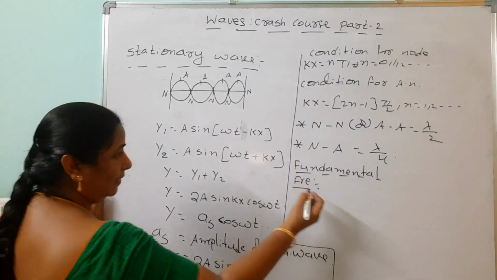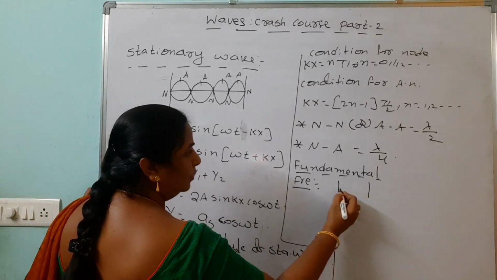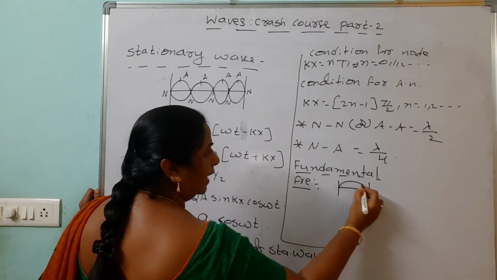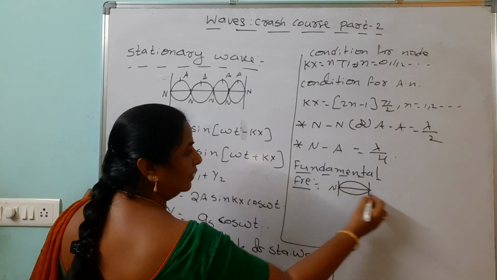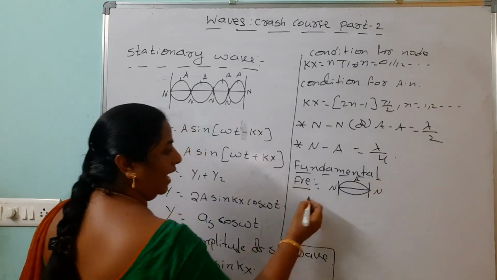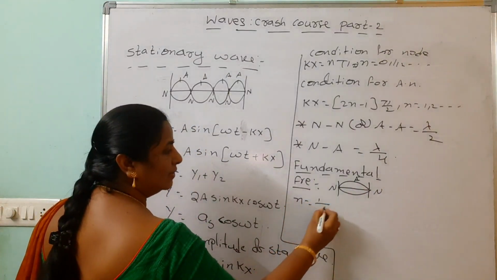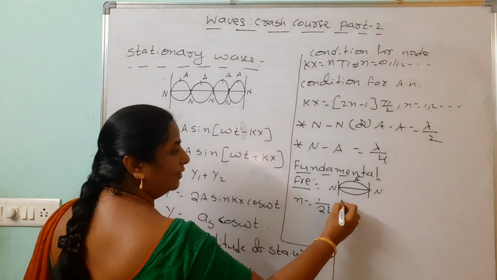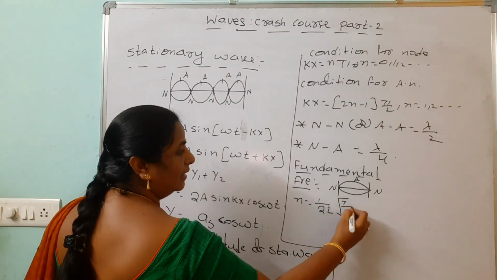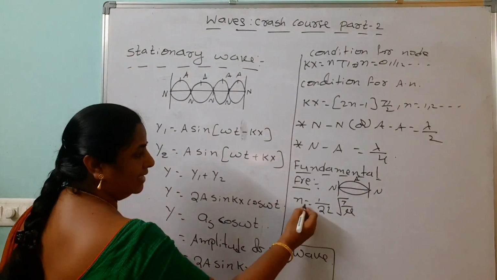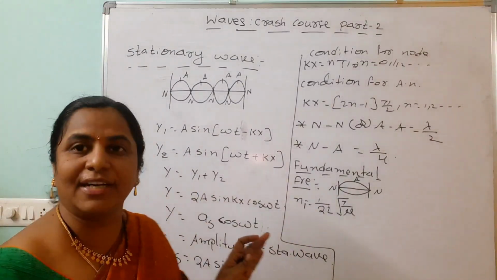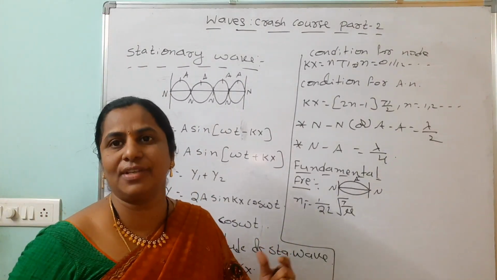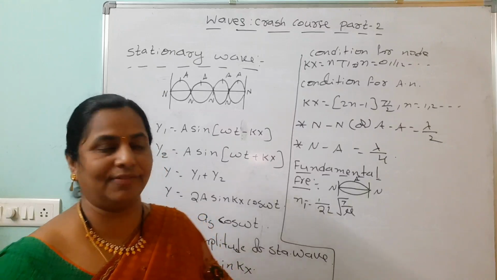Look, it has 2 nodes and 1 antinode. After simplification, n equals 1 by 2L into root of tension by linear density, instead of v. This is the fundamental. The lowest frequency is called the fundamental frequency.